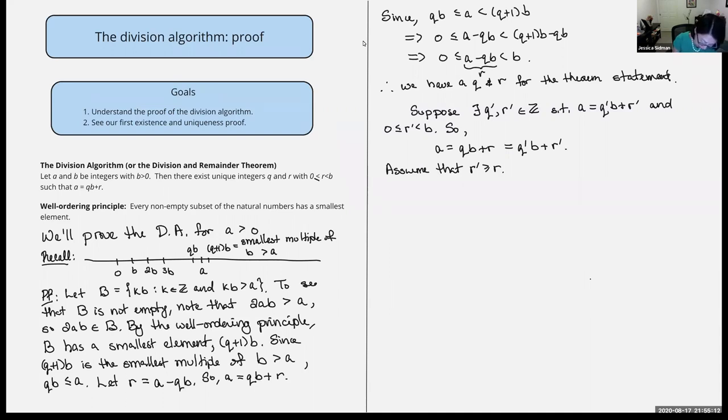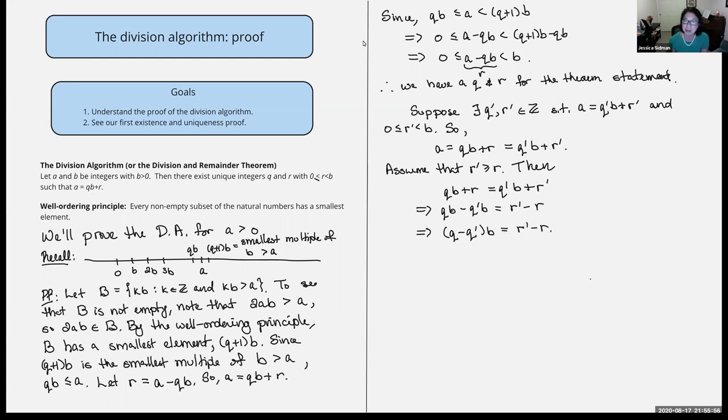I mean, if I have QB plus R equals Q prime B plus R prime, I'm going to subtract the Q prime B from both sides, and I'm going to have QB minus Q prime B, and I'm going to subtract the R from both sides, so that I have R prime minus R. And on the left-hand side, this is going to look like Q minus Q prime times B equals R prime minus R. That's a little better.